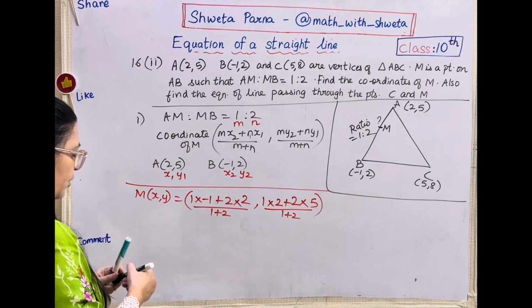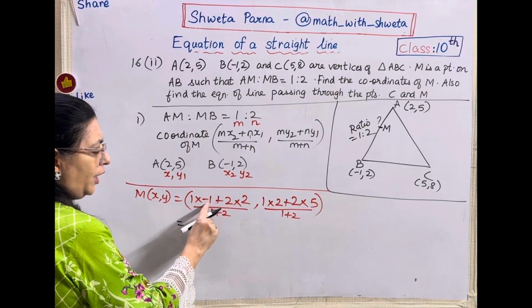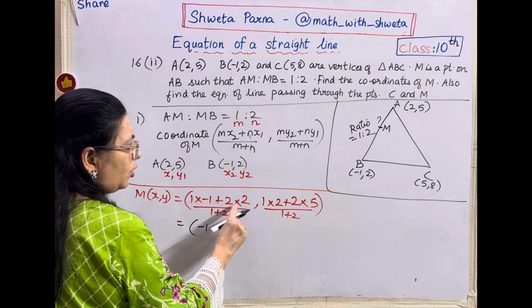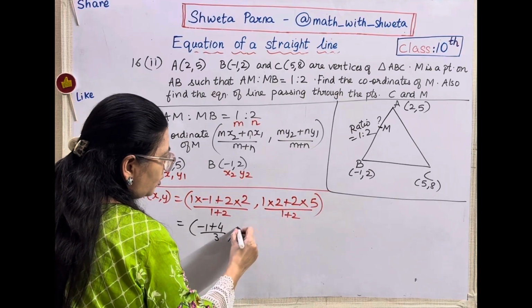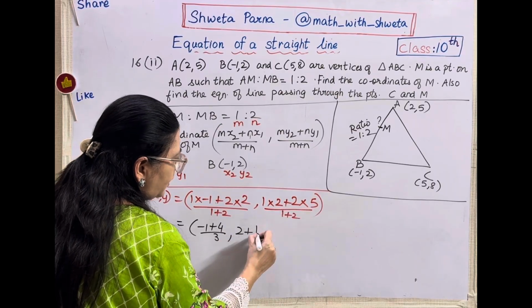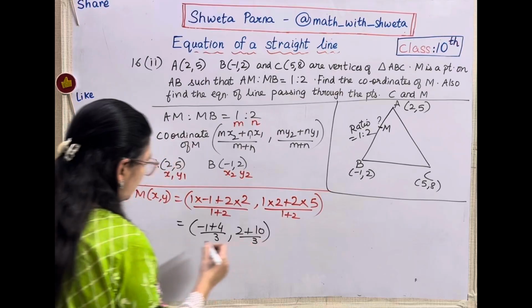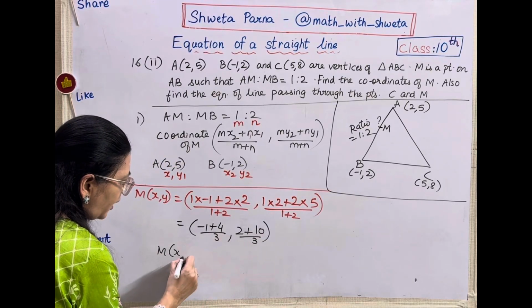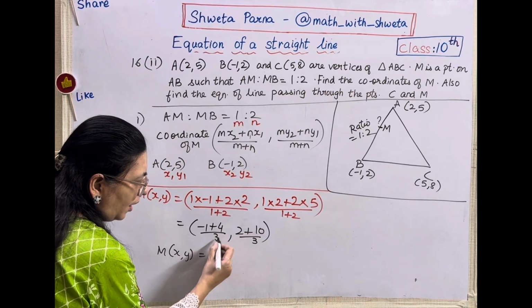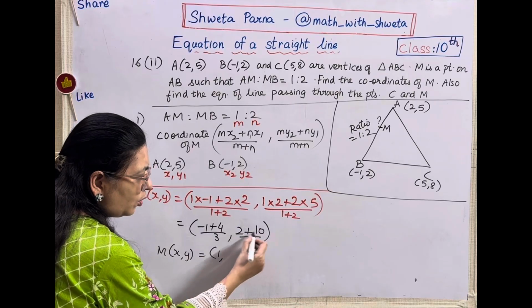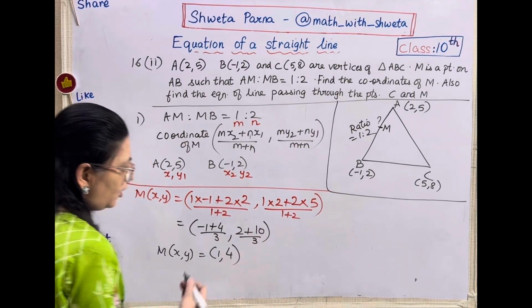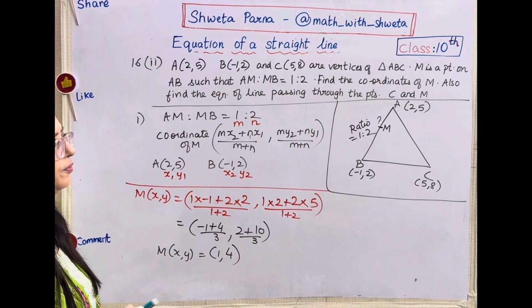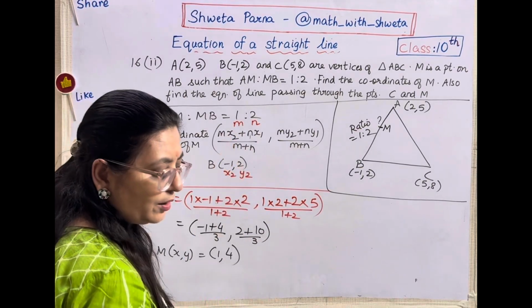So this becomes 1 into -1 is -1, 2 into 2 is 4, upon 3. Two ones are 2 plus two fives are 10, upon 3. So the coordinates of M: 3 upon 3 is 1. 10 plus 2 is 12. 12 divided by 3 is 4. So the coordinate is (1, 4). This is for the coordinates of M.